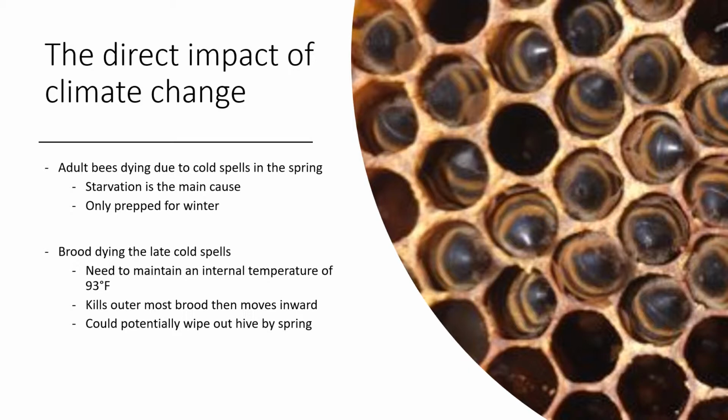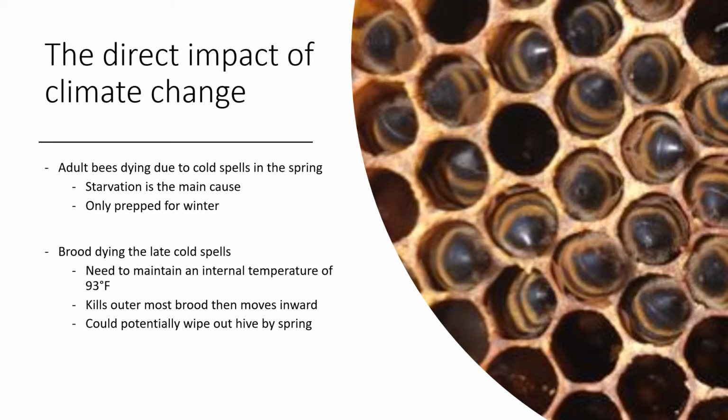But if a random cold spell were to strike, this would force the foragers to return to the colony and basically only survive off the food that they have left over from winter, which is generally not enough to support the bee colony, especially if it is an extended cold spell, which are common, as we know, based on the weather here in Ohio.